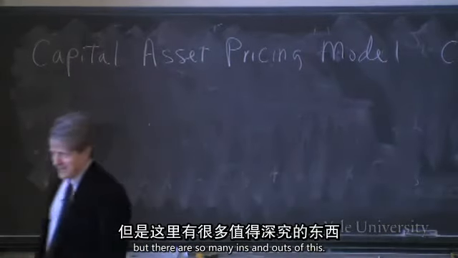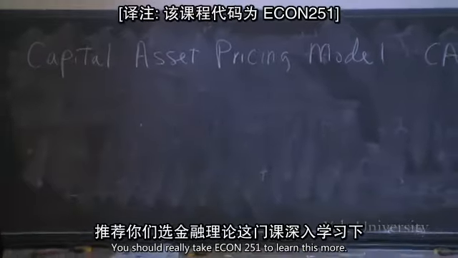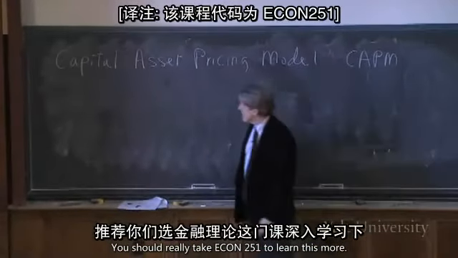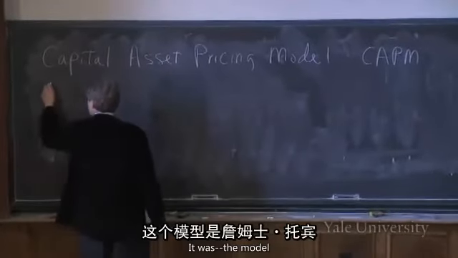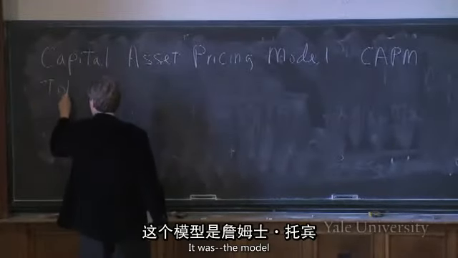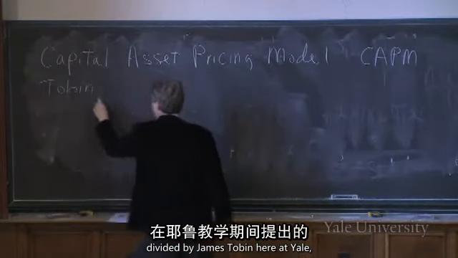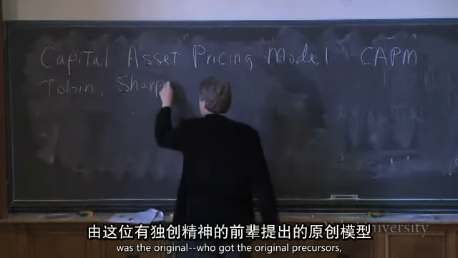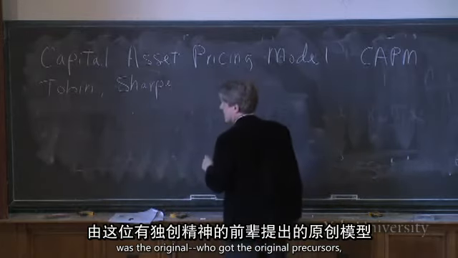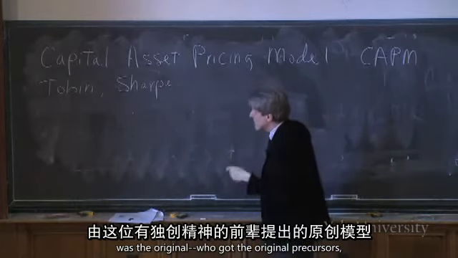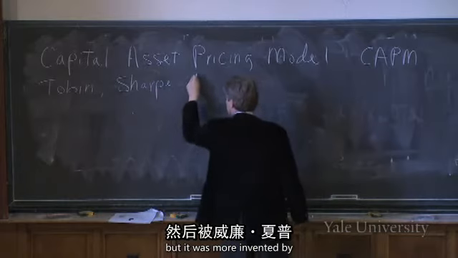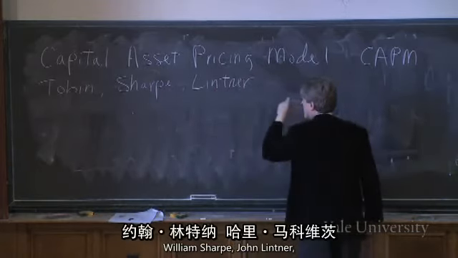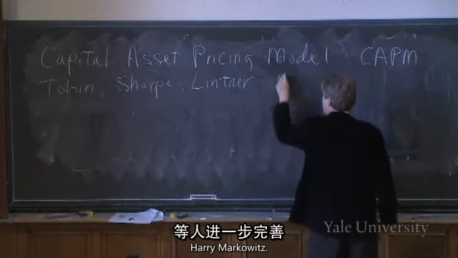But there's so many ins and outs of this. You should really take Econ 251 to learn this more. It was a model devised by James Tobin here at Yale, who got the original precursors, but it was more invented by William Sharpe, John Lintner, Harry Markowitz.